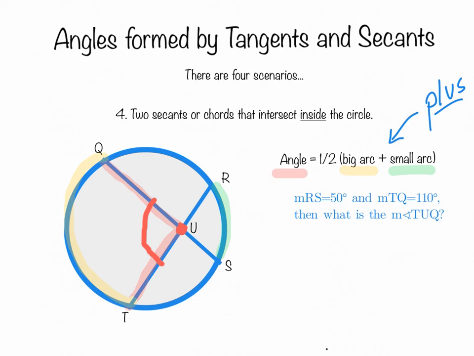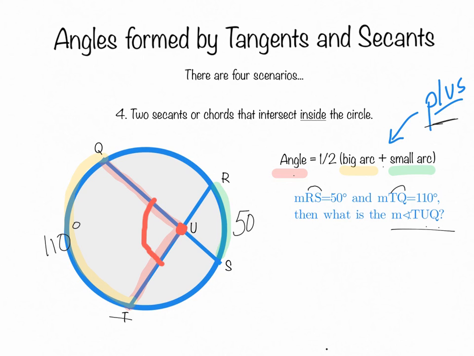For this example, we have our 2 chords that cross inside the circle, and our angle is inside the circle. So we're going to use the plus sign for our formula. So let's look at what they've given us. The measure of arc RS is 50 degrees, and arc TQ is 110 degrees. So what is the measure of angle TUQ?